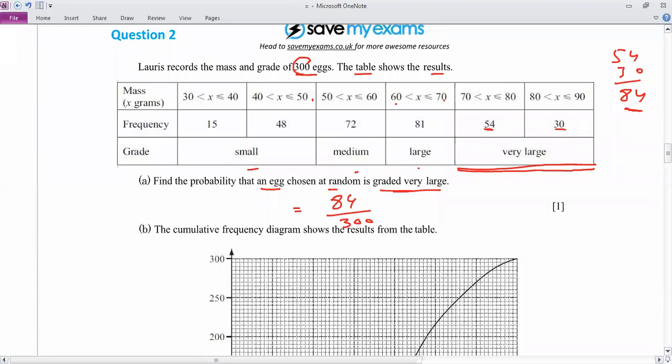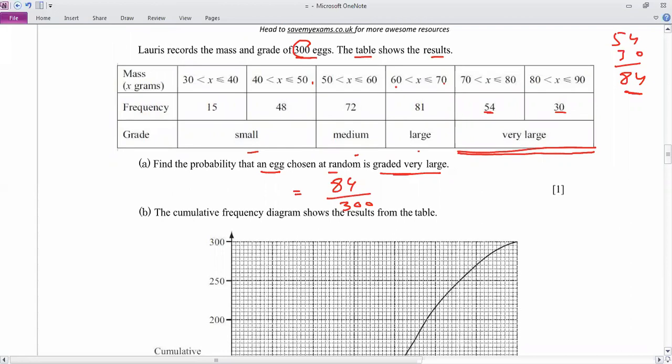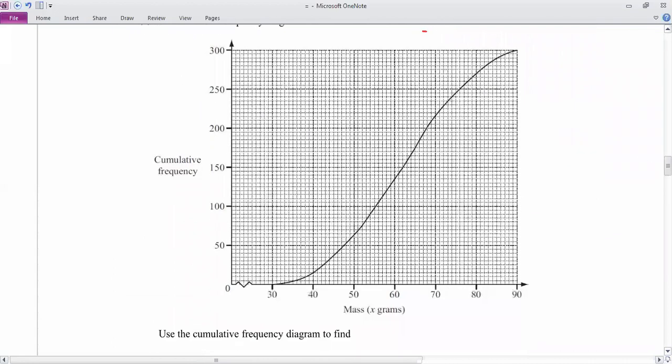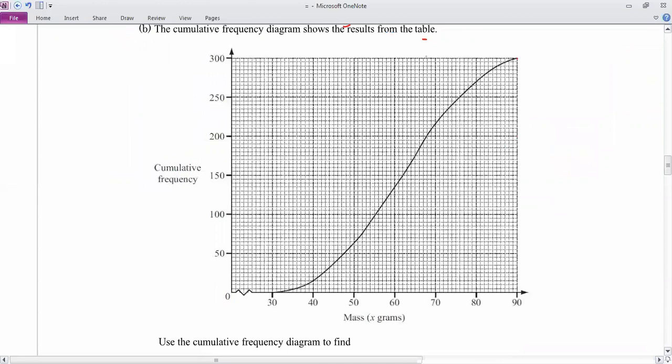Okay. Now, next we have here the cumulative frequency, which shows the result of the table. This is the cumulative frequency given. And look, the last one is ending at 300. Sometimes you will see this sign.